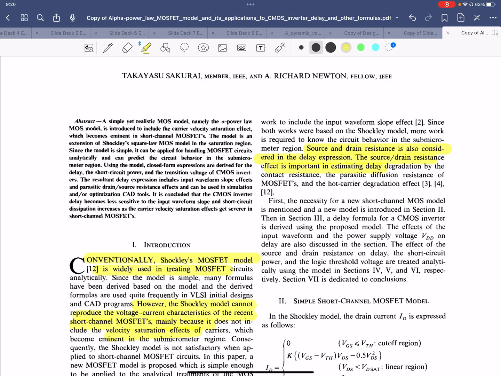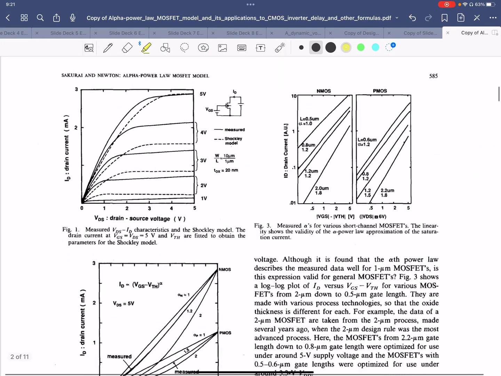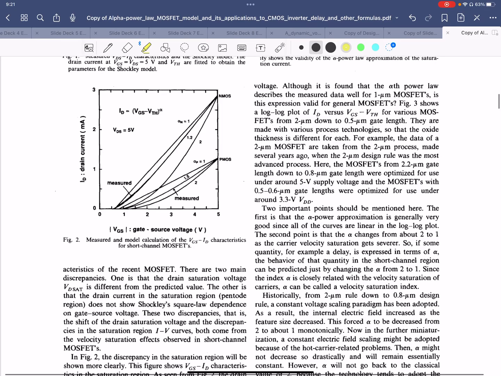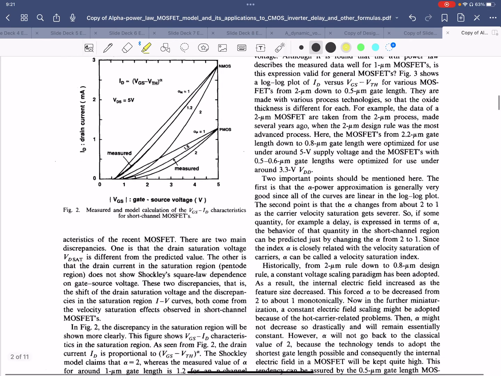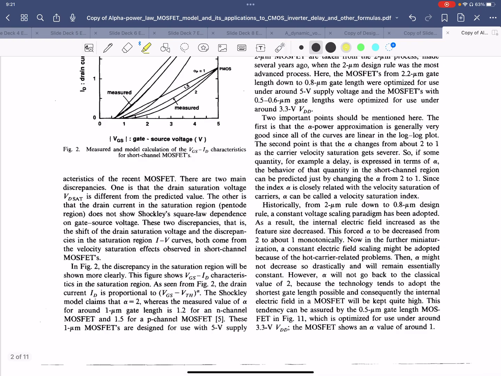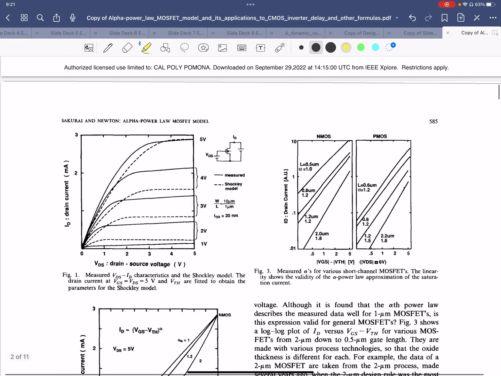Then they start talking about the discrepancies between the simple Shockley model and the short channel length models. The first is that the saturation voltage is different than the predicted value. Again, I think we talked about this.